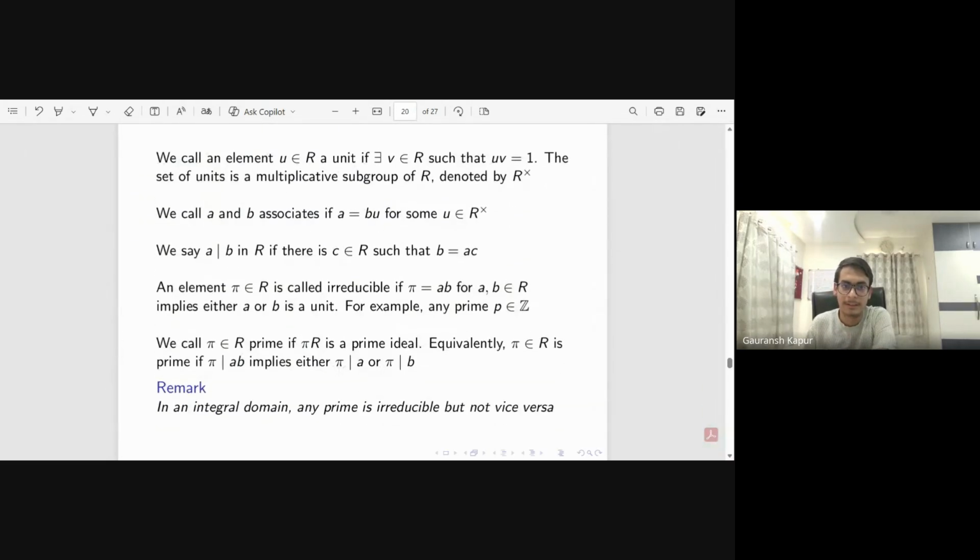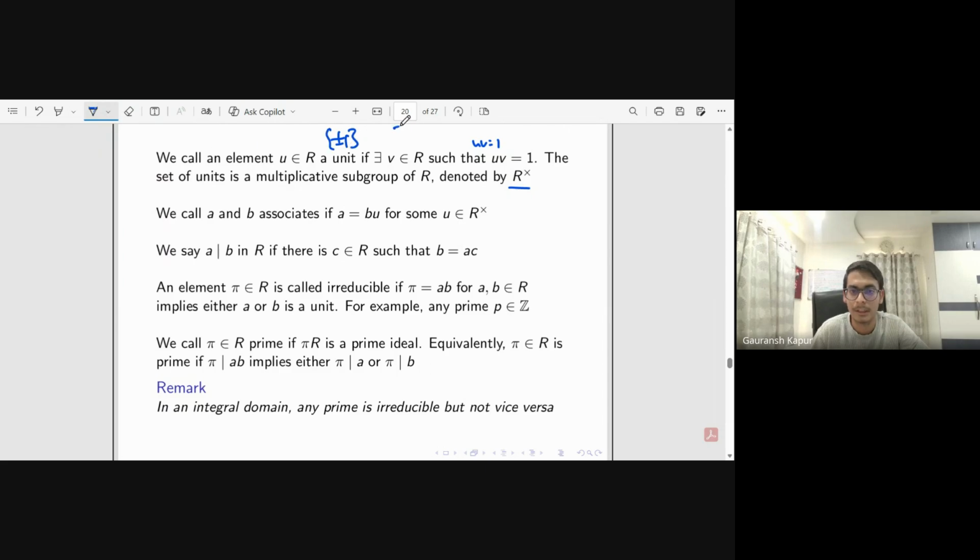Now we talk about factorization in general rings. These are some definitions which mimic the properties of integers. We call an element u in R a unit if there is a v such that uv is 1. So these are the invertible elements under multiplication, and they form a subgroup of R, denoted by R star. Units in Z are plus minus 1, units in Z[i] are plus minus 1 and plus minus i, and so on.